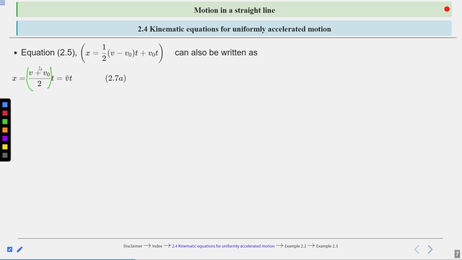So just replace this average velocity with v bar. So x is equal to v bar t, and let this be equation 2.7a, where we know v bar is equal to v plus v naught divided by 2, for constant acceleration only.